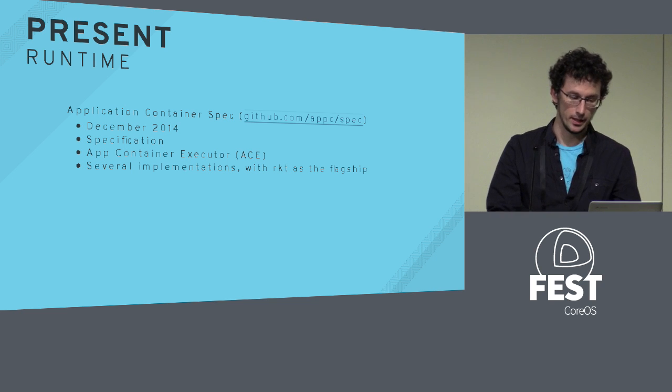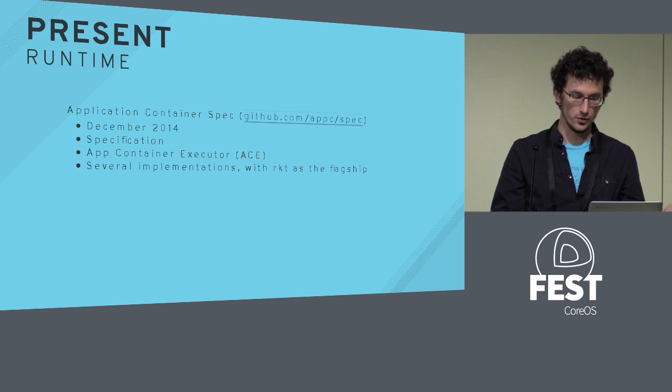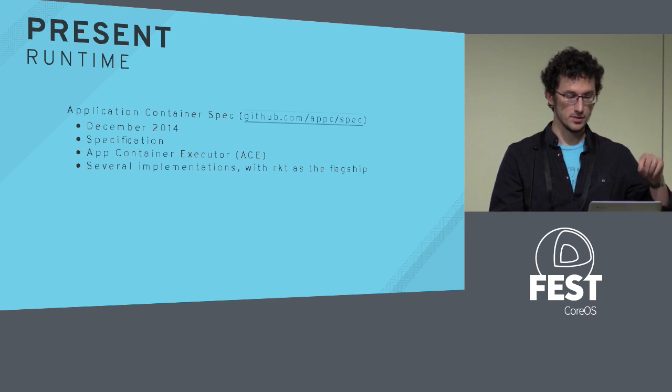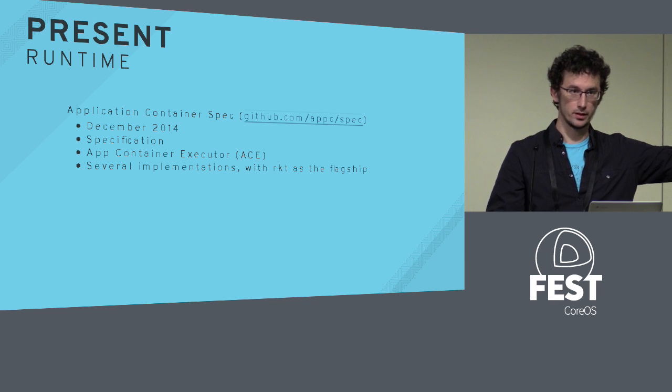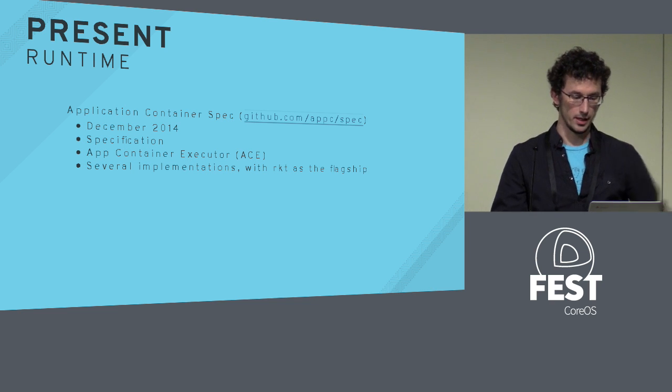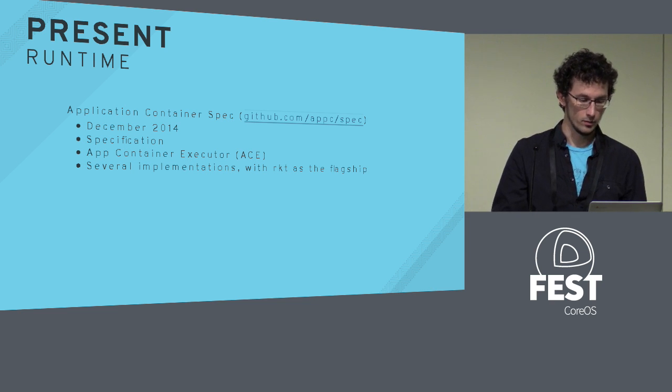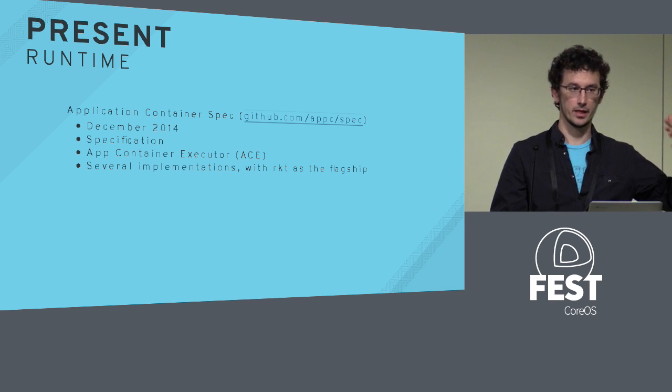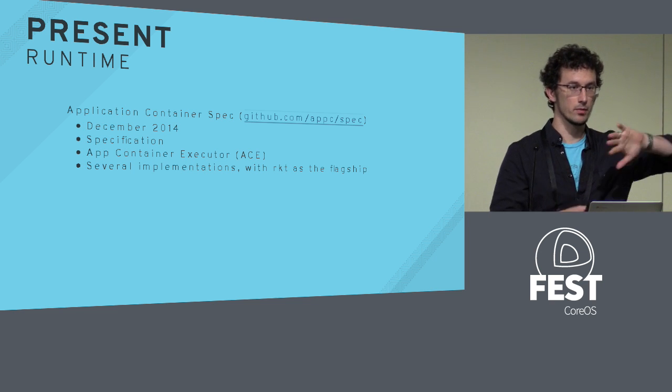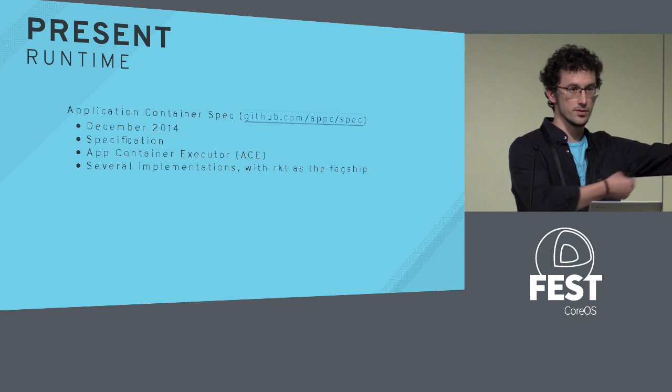And as far as the runtime specifics are concerned, the execution environment, in the AppC spec repo there's a spec directory, and there's an ACE.markdown file that walks through exactly what you can expect from the container startup, creating the sandbox, execution, how it's all layered in.